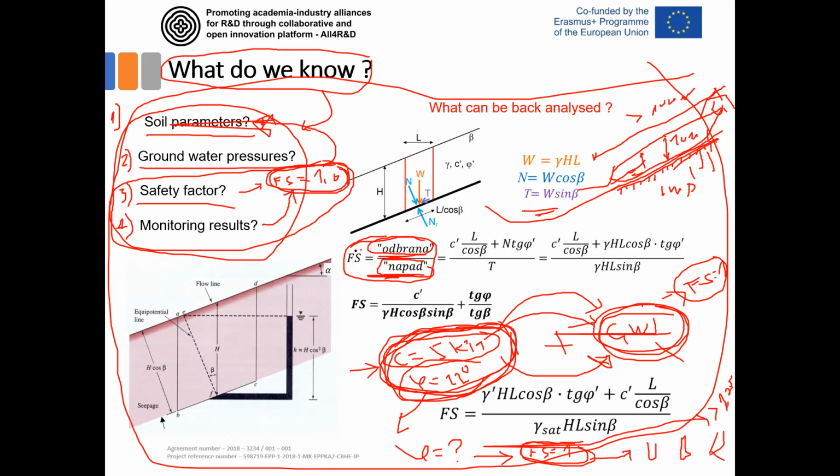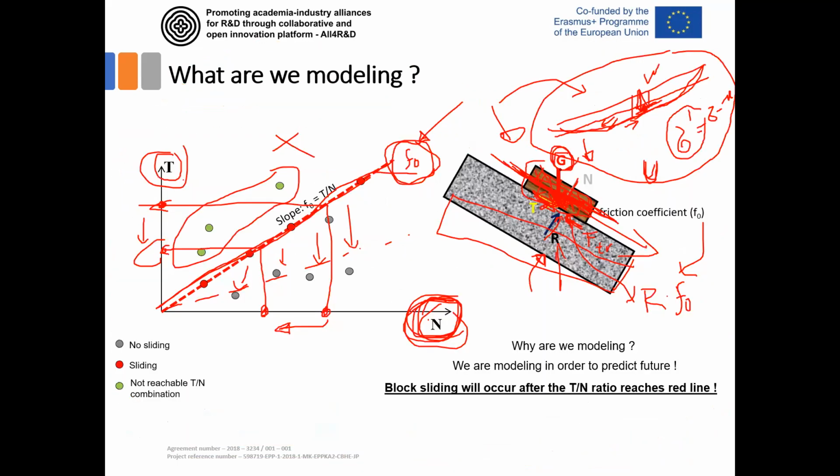The equation for the safety factor can easily be defined if you use the original definition of safety factor, and that is resistance divided by moving forces that try to push the soil down the hill. For example, it's the easiest way to explain here.